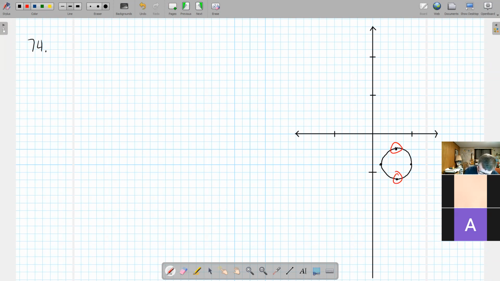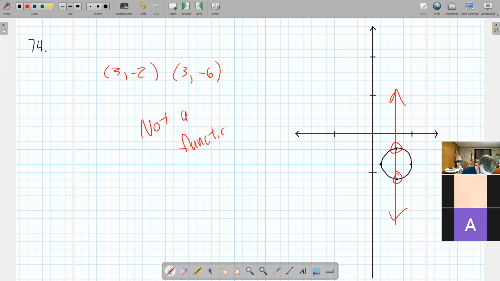When x is 3, y is -2, and when x is 3, y is -6, okay? Which would basically come from that vertical line. So, not a function.